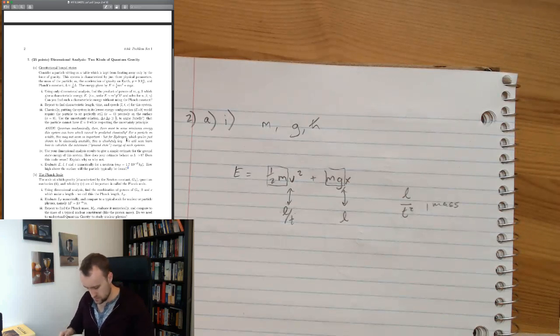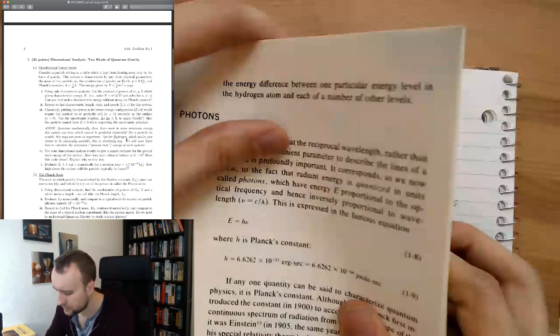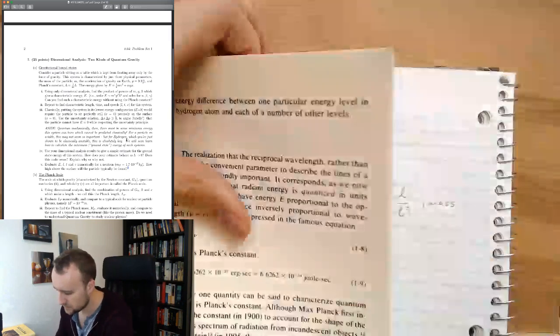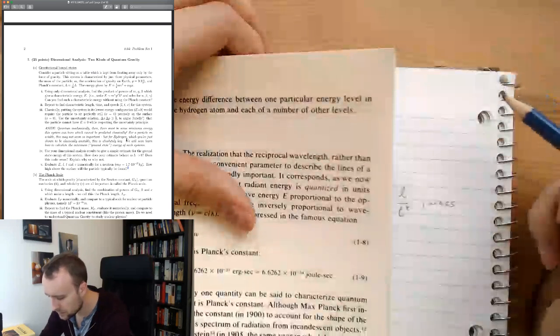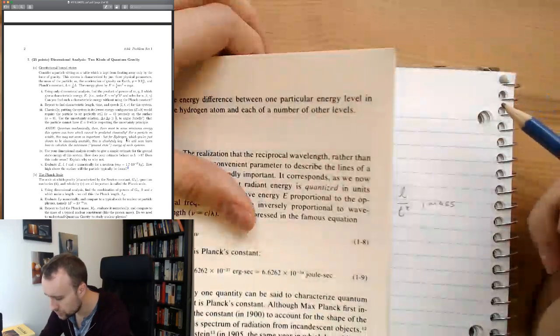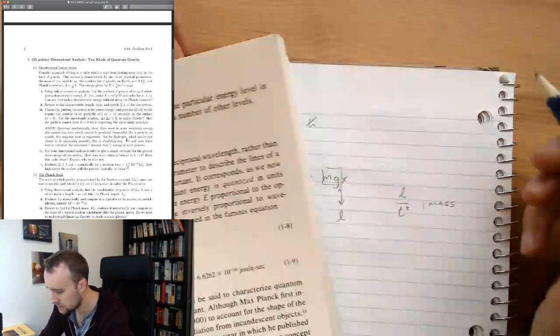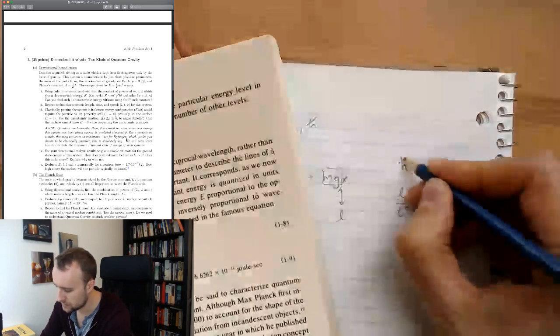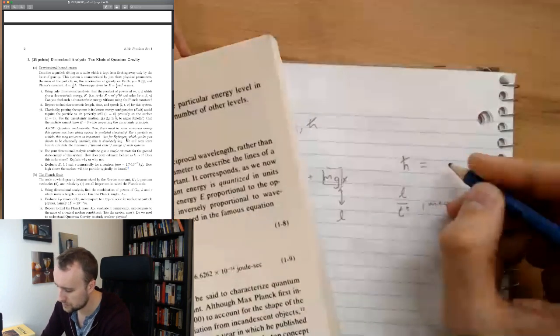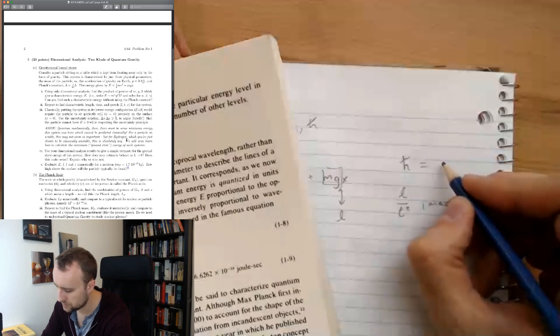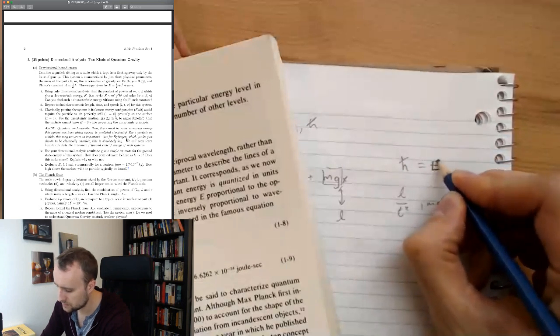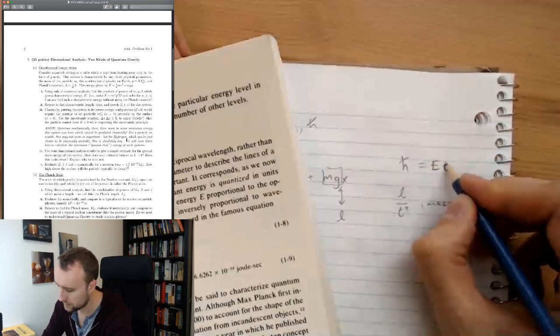In this book, Planck's constant is given in joule seconds. So h is equal to, let's go, energy, it's energy time.